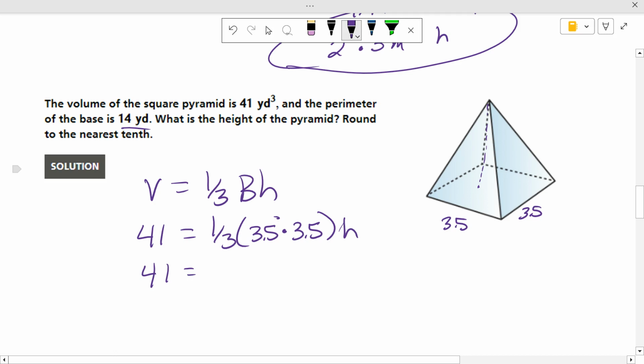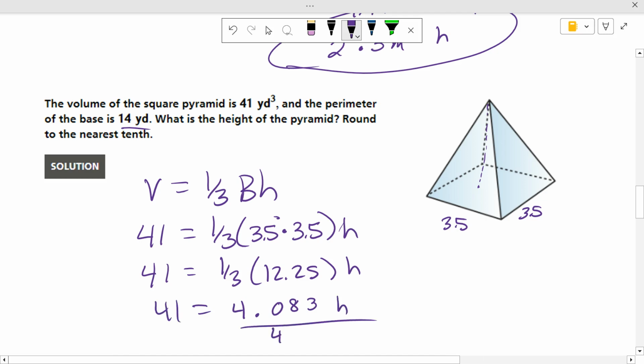What is it? 3.5 times 3.5. 12.25. So 1/3 of 12.25 is 4.083. And divide by 4.083. It's about 10 point something, 10 point what?